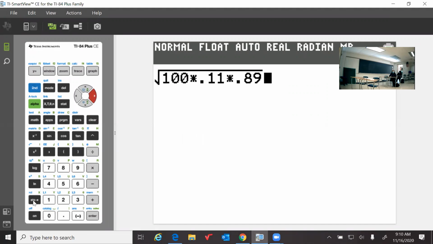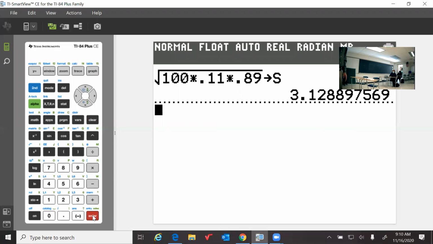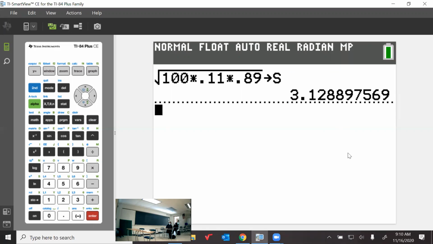And we're going to store that in alpha S. So in our picture, we've got 11 children in the center, and the step is worth 3.128.